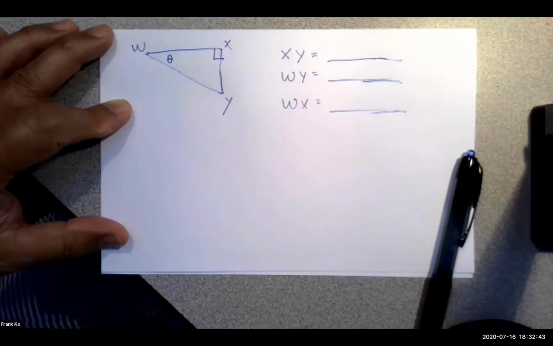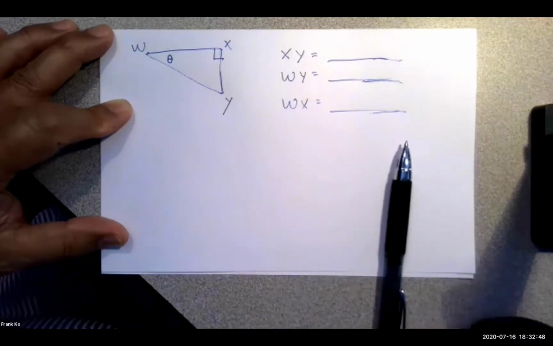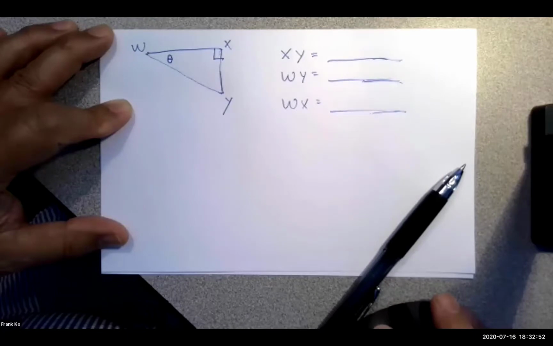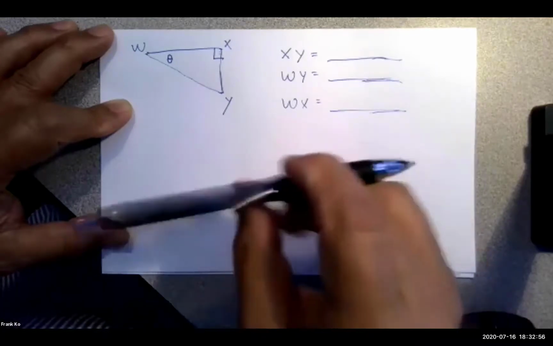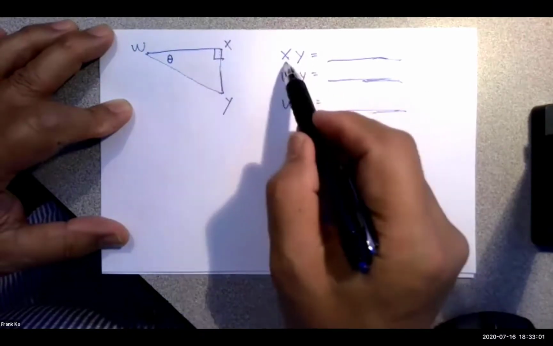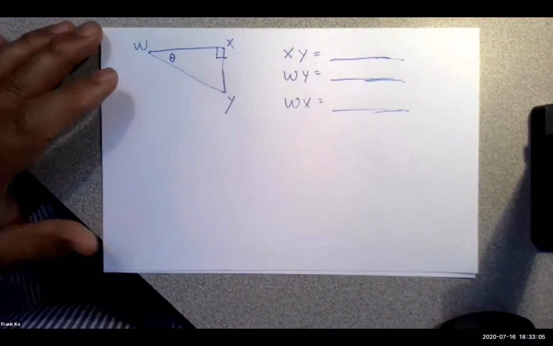So question goes to, let's take a look here. Okay, Dana, I got a question for you. Can you name XY? XY is here to here. XY would be named what side of this right triangle?